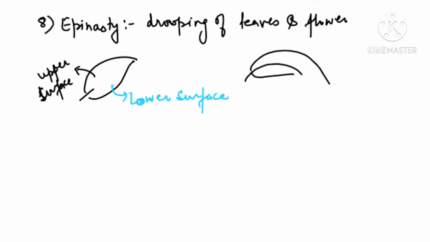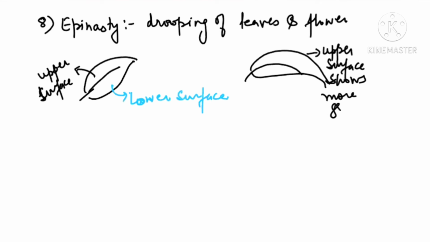Is it clear? So drooping of the leaf is because of the growth of the upper surface. So epinasty is also because of it.